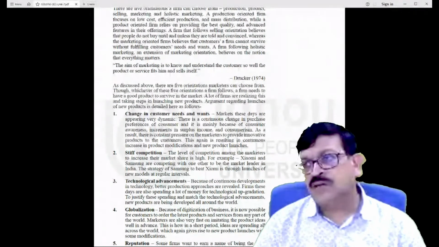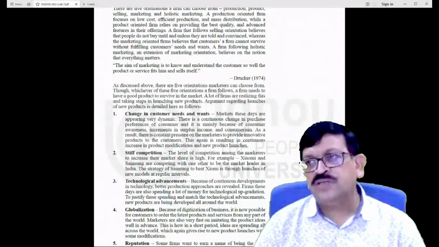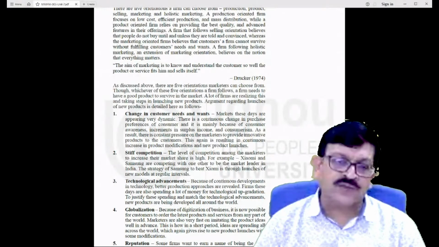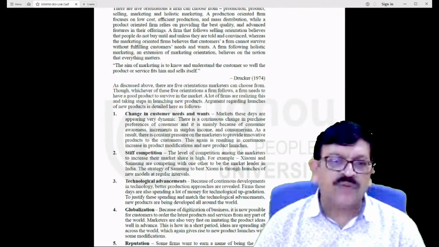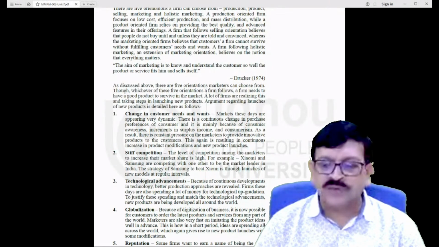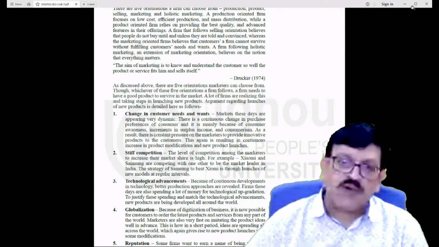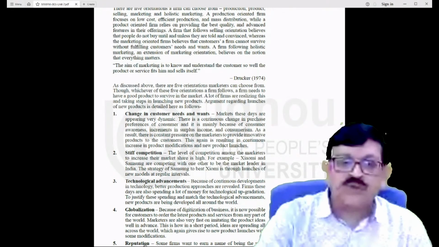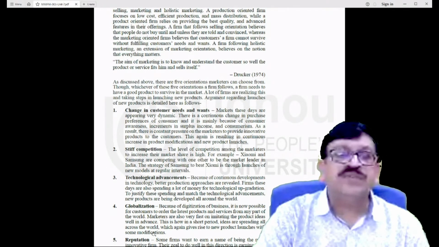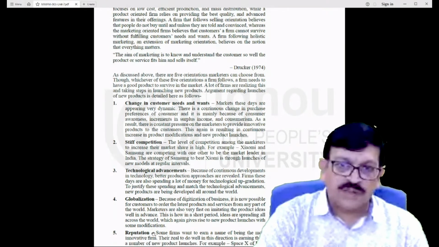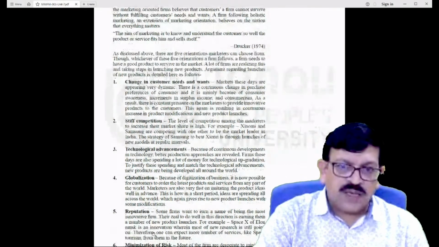Technology is another important factor which is becoming a kind of disruptor, and today when you talk in terms of any upgradation in your product, technology plays a very vital role, and that also necessitates new product development or new product launches.